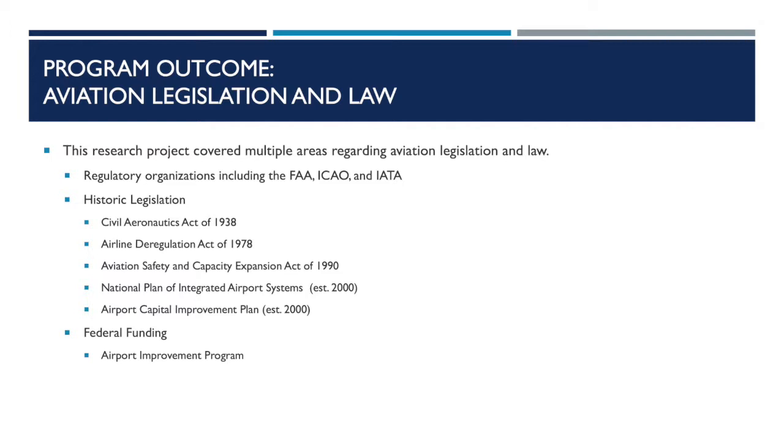Also discuss specific historical legislation such as the Civil Aeronautics Act of 1938, Airline Deregulation Act of 1978, the Aviation Safety and Capacity Expansion Act of 1990, the National Plan of Integrated Airport Systems, Airport Capital Improvement Plan, and of course, Airport Improvement Program for federal funding.